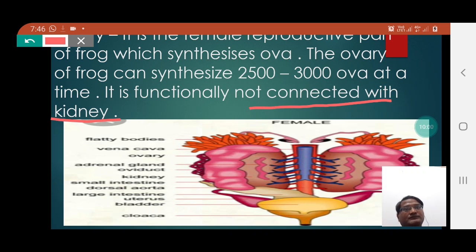So students, here also you can notice the ovary which is present here and which does not remain connected with the kidney and directly dumps its ova into the cloaca via a duct.